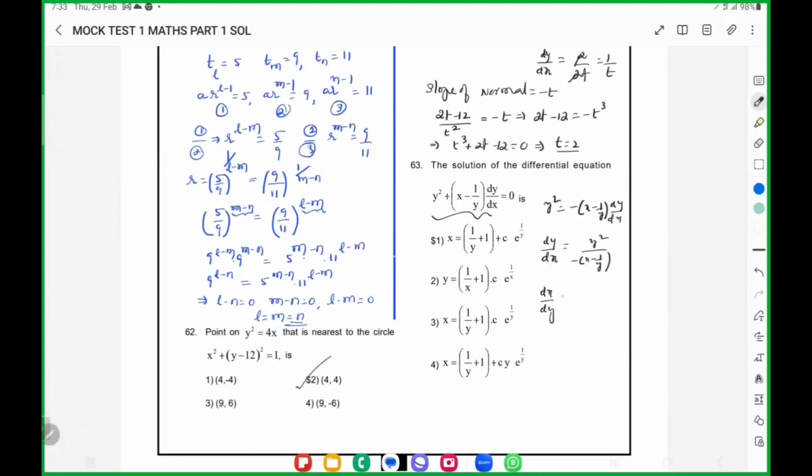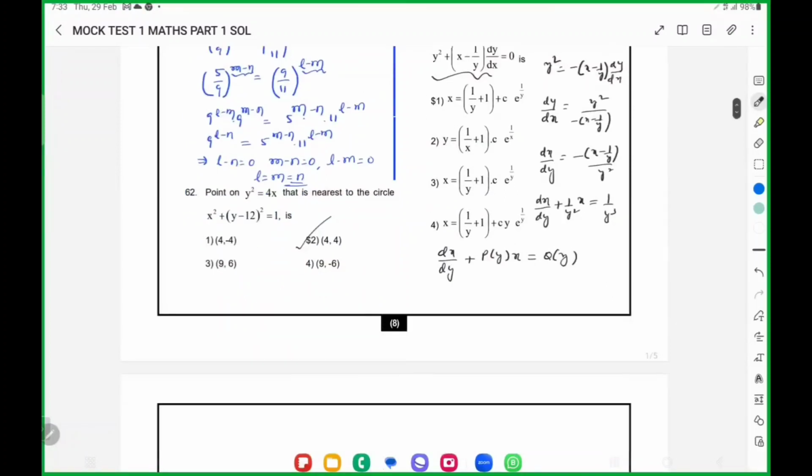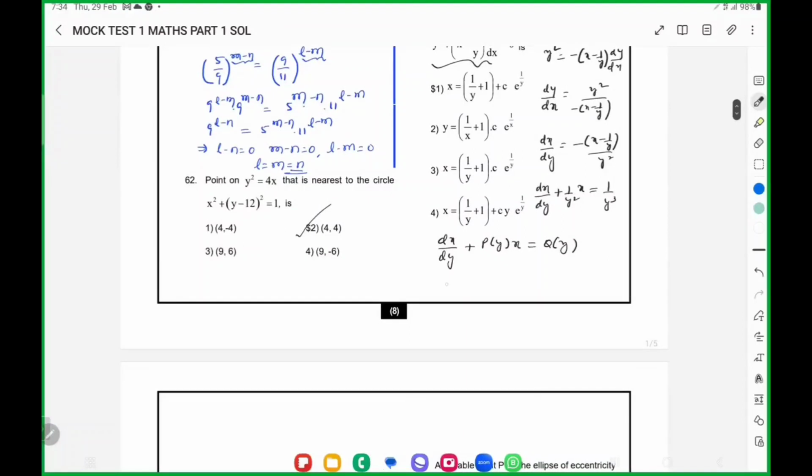Take dx by dy, which is dx by dy plus 1 by y square of x. So dx by dy plus P of y times x is Q of y. Here P of y is 1 by y square, and Q of y is given.